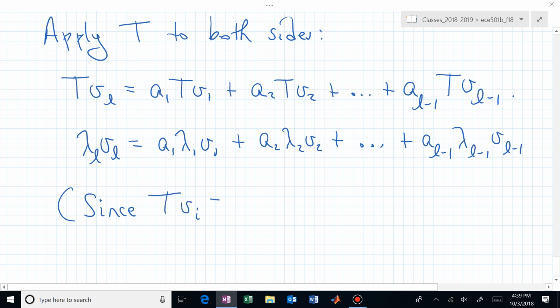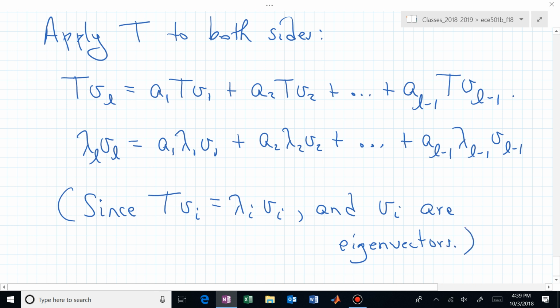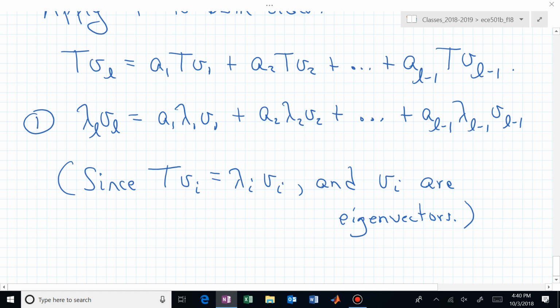Since T v sub i is equal to lambda sub i v sub i, and we assumed that these v sub i's were eigenvectors. And I like that equation, so I'm going to number it. Let me number that one 1. Are we okay with equation 1? Everybody follows that that is valid based on what we've assumed.